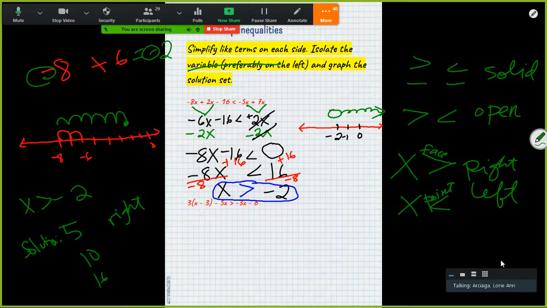Okay, can you try the one at the bottom? Try the example at the bottom.